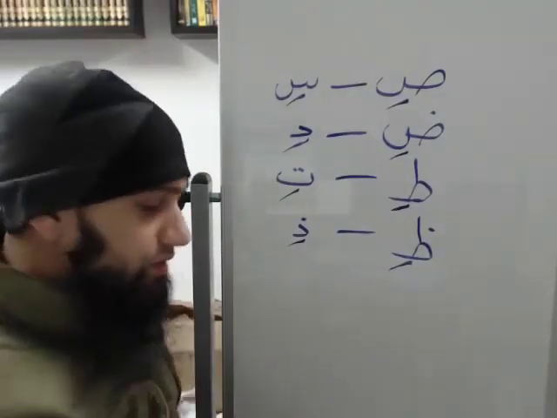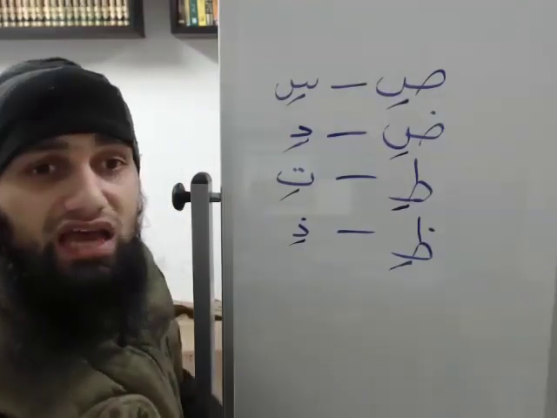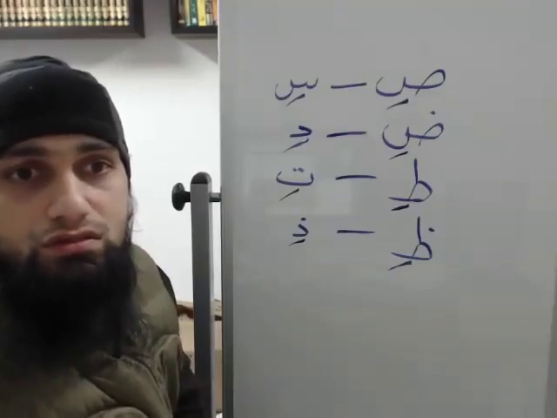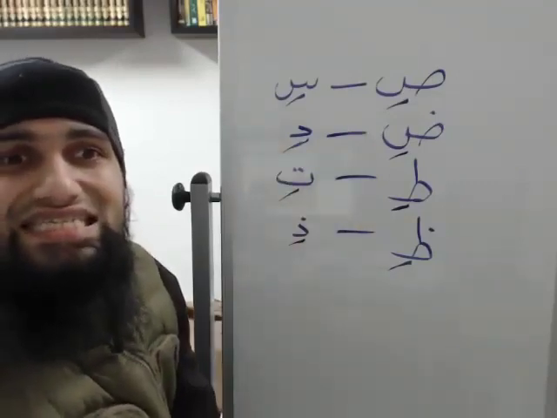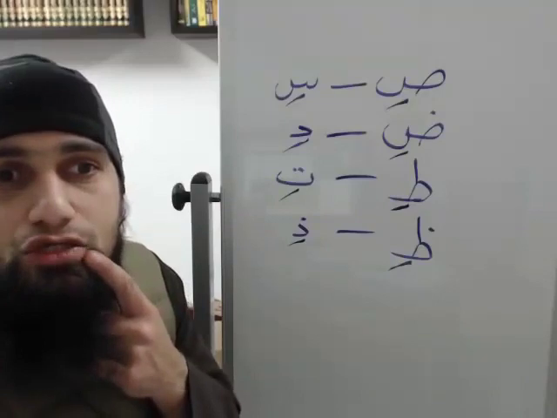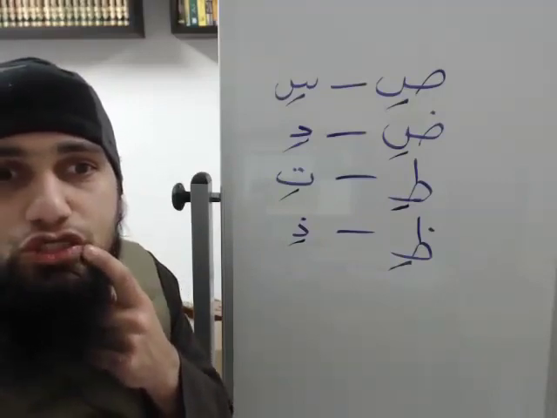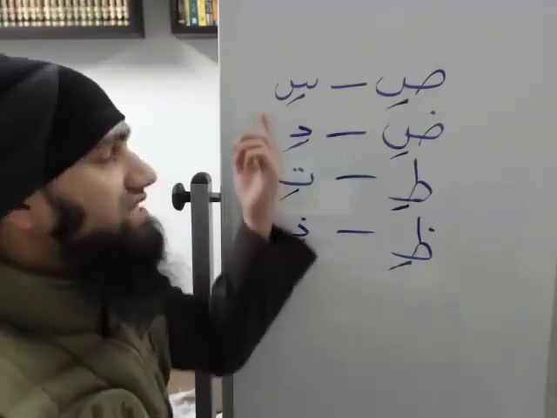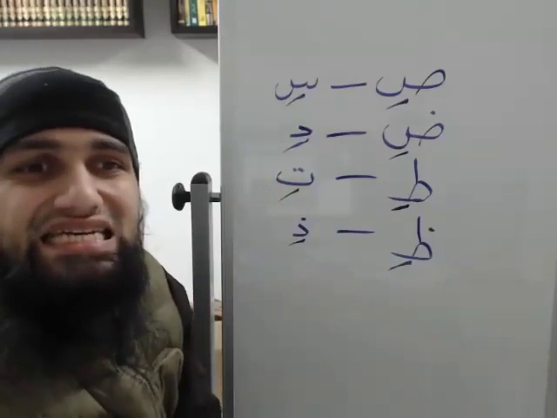You know, the sound is different. So, Saad has heavy s. Sin has light s. You have to make the sounds. So sin kasra is si.